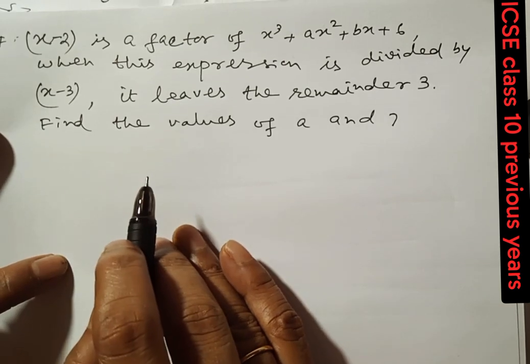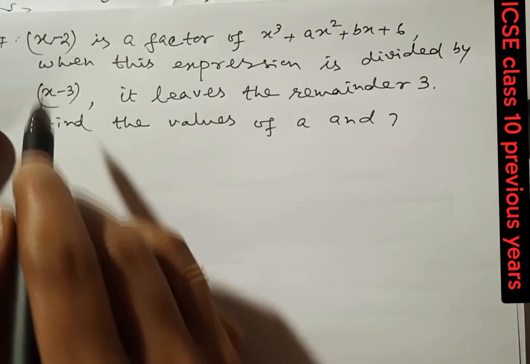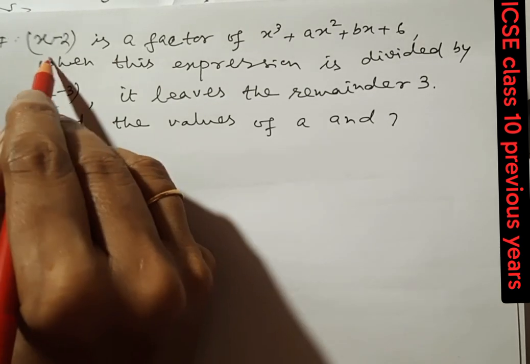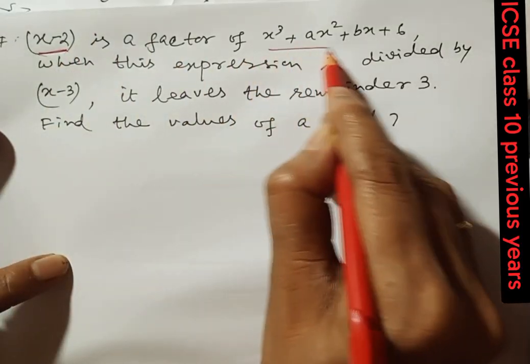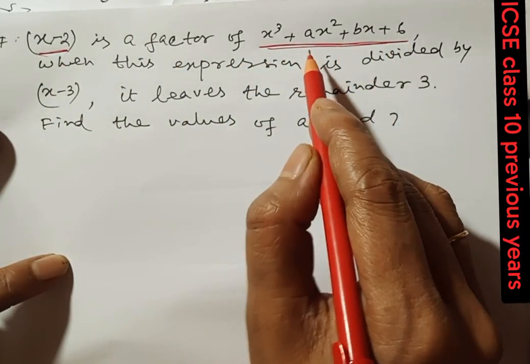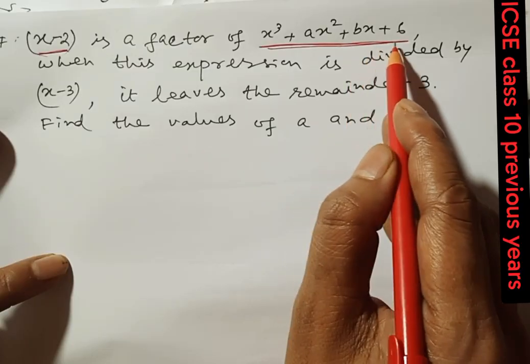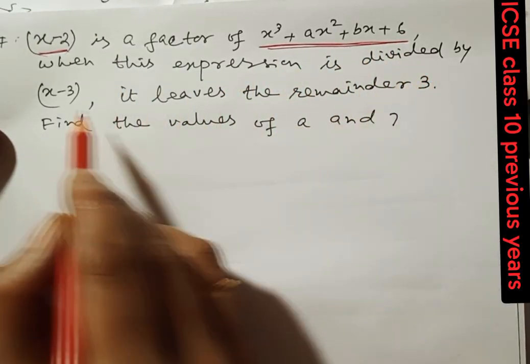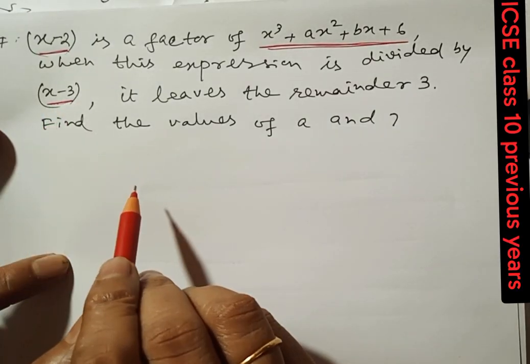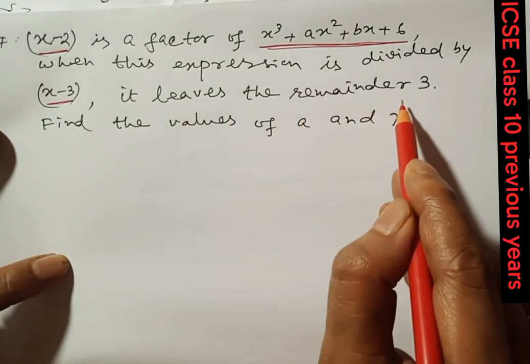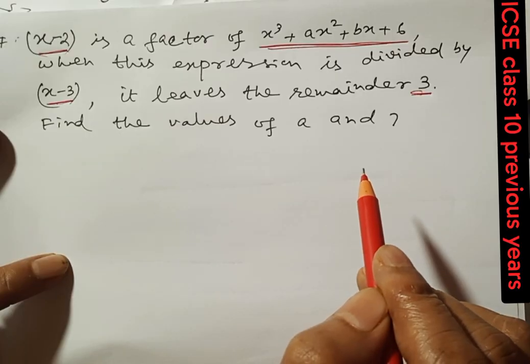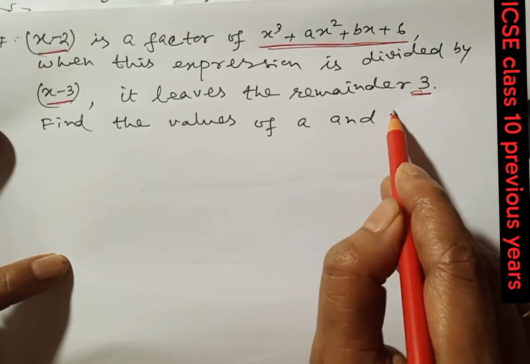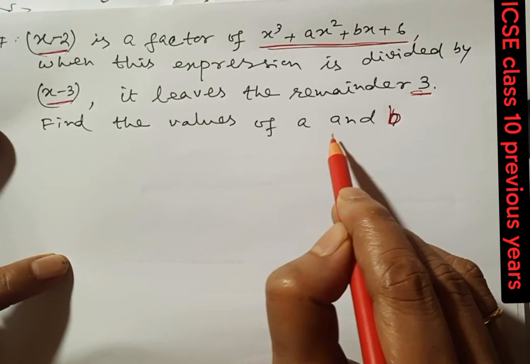Now, given x minus 2 is a factor of the polynomial x cube plus ax square plus bx plus 6. When this expression is divided by x minus 3, it leaves the remainder 3. Find the values of a and b.